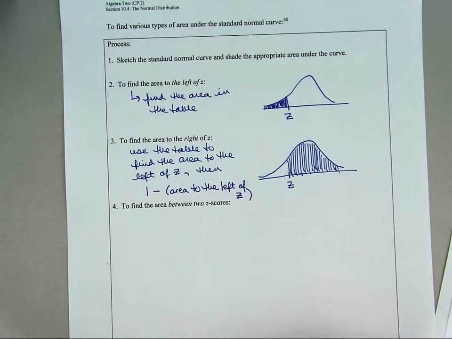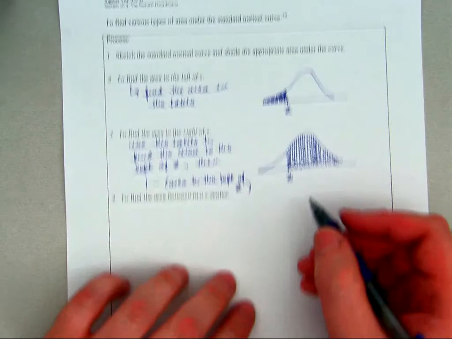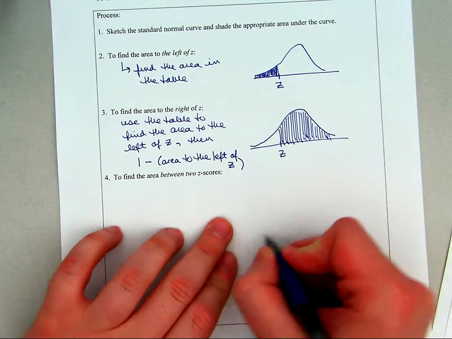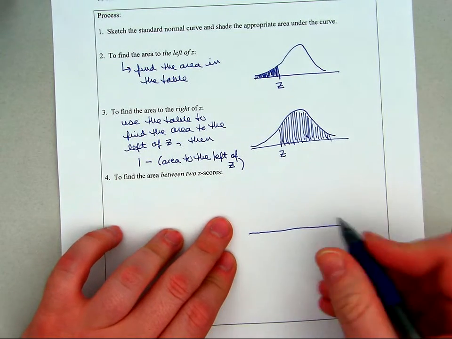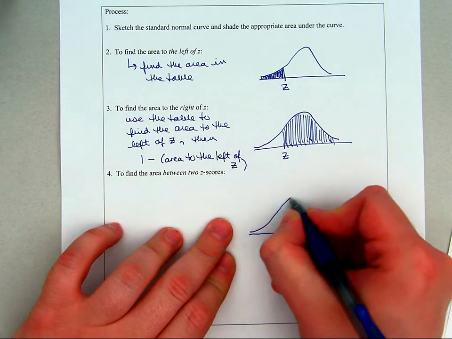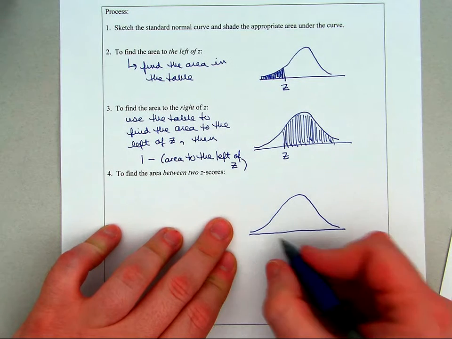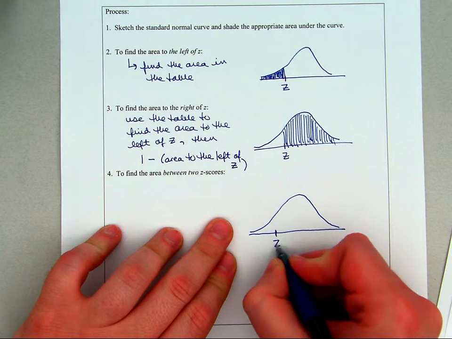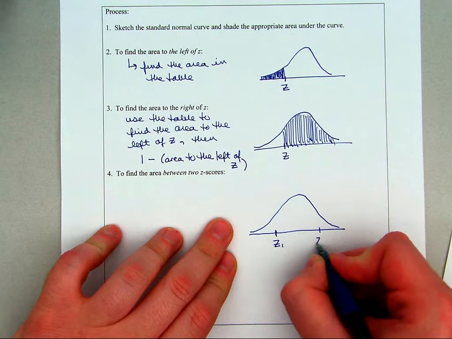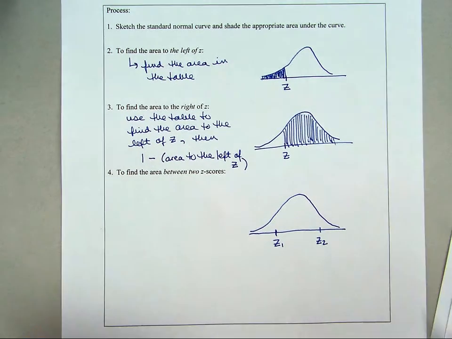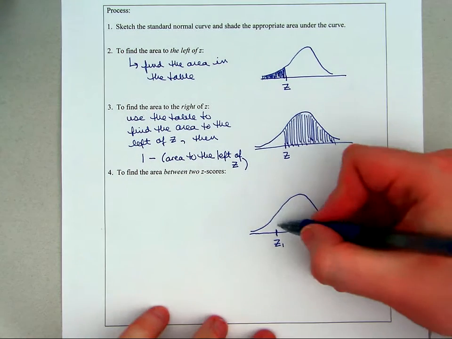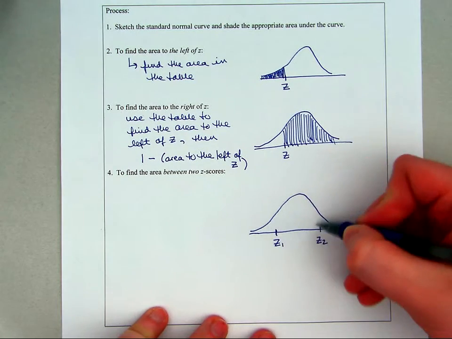But what if instead we want to find the area in between two z-values? Well, let me draw out a normal distribution. And I want to deal with between z1 and z2. I want to find the shaded region between those two.